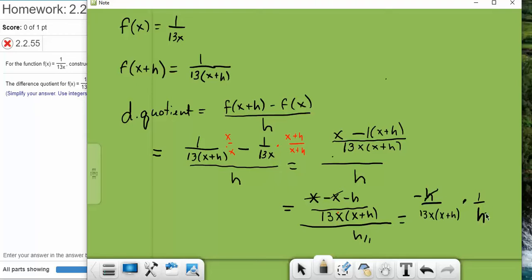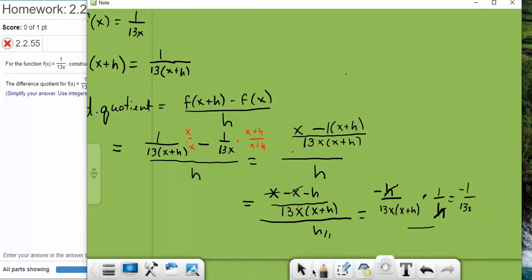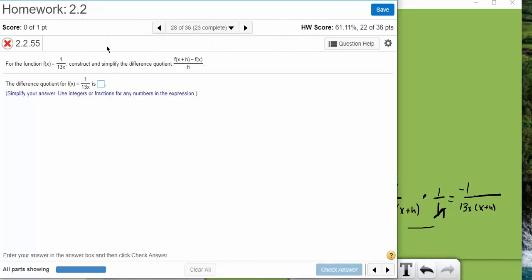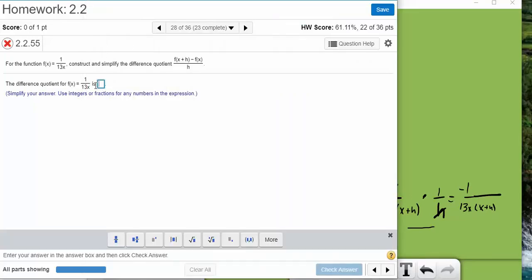And see, the h's cancel, and then I get -1 over 13x (x plus h). Okay, so it will be -1 over 13x parenthesis x plus h.